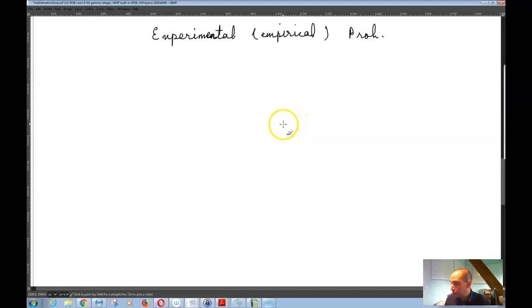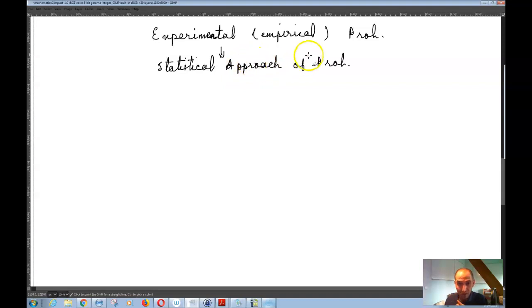So that has been called here the statistical approach of probability. Of course, because it does involve a lot of statistics, you have to take all of your numbers and put them together using all the concepts of statistics. So that has been called the statistical approach of probability.